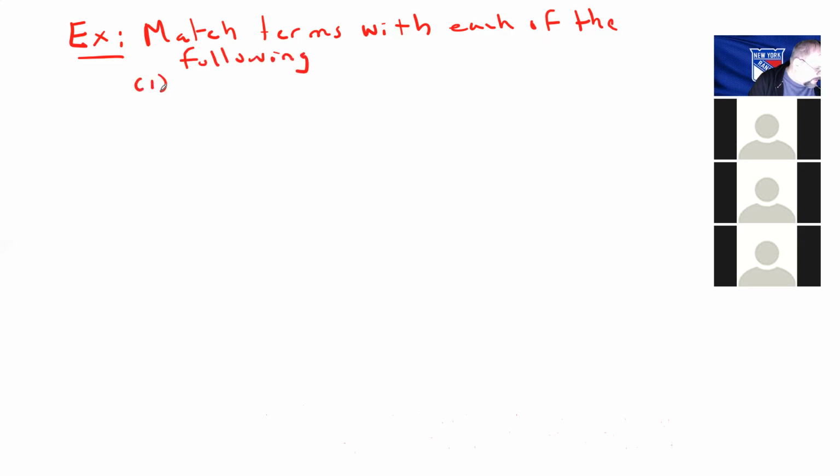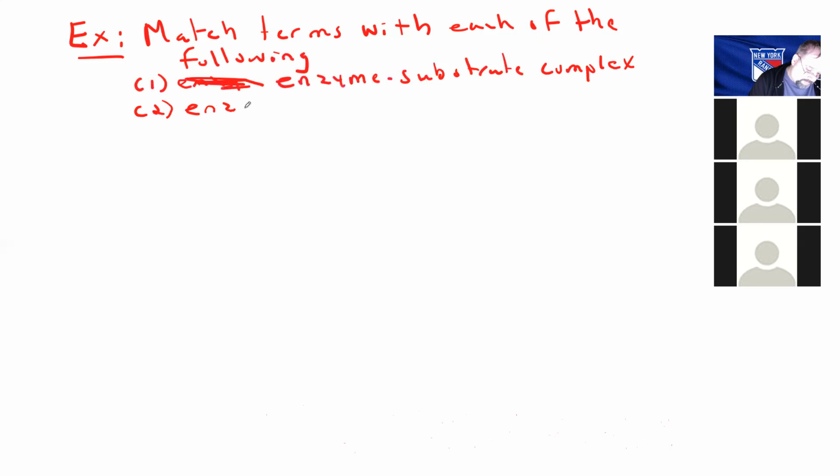The first term is enzyme substrate complex. And that definitely doesn't look like enzyme. The second term is enzyme. And the third term is substrate. With each of the following statements.